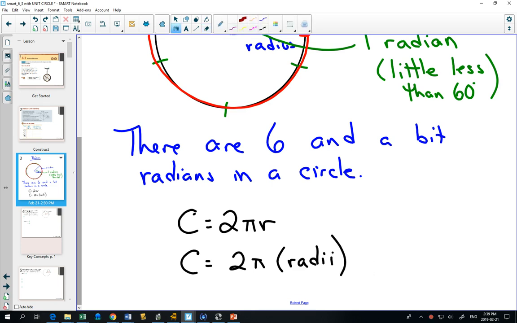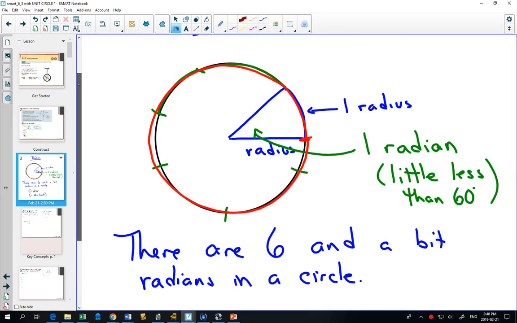Is that plural of radius? Right? Because platypus is platypi, and moose is meese, and all those kind of things. It's mooses. Anyways, doesn't matter. There's 2 pi radiuses around.